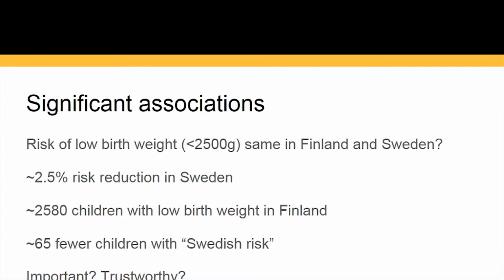Okay, regarding trustworthiness, let's assume that low birth weight children are given extra attention at the maternity ward, right? This may give midwives an incentive to round down the birth weight, so to speak.